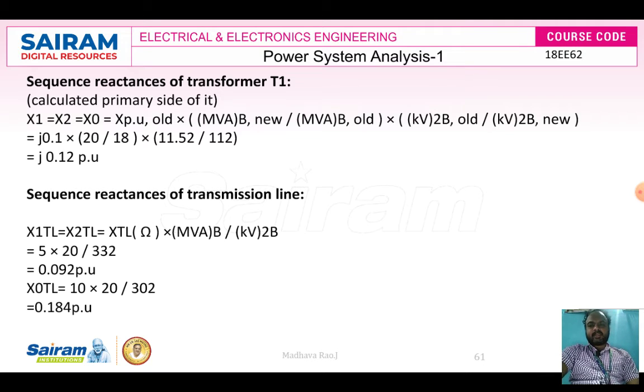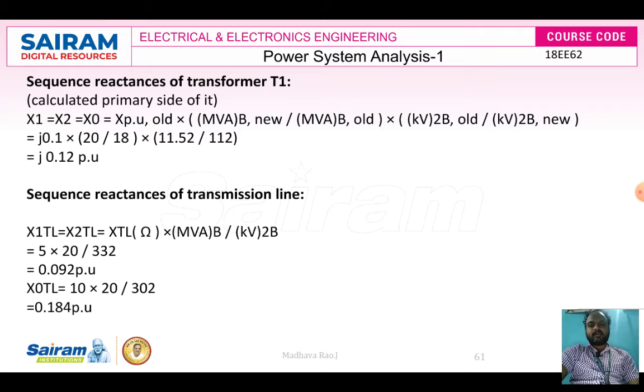Substituting the MVA base and kV base values, new and old, in the formula, the new reactance of transformer 1 is equal to j0.12 per unit.